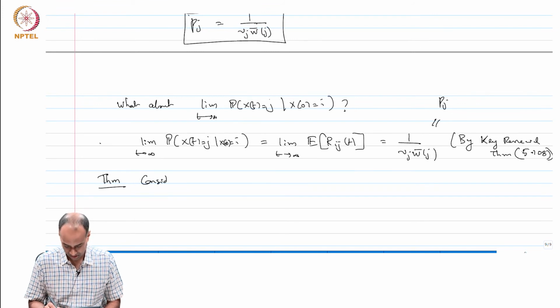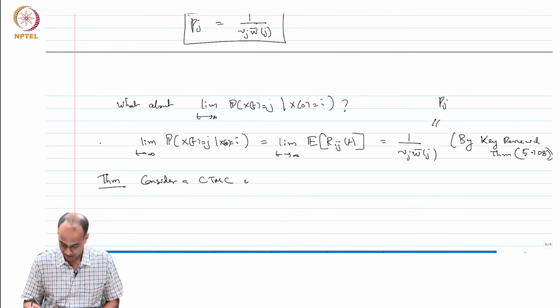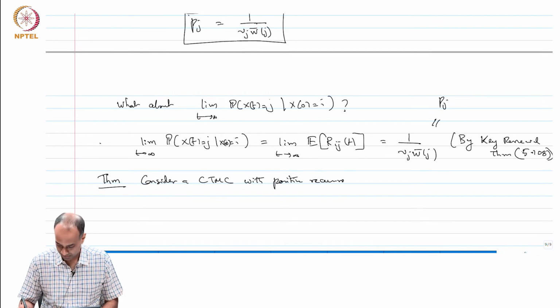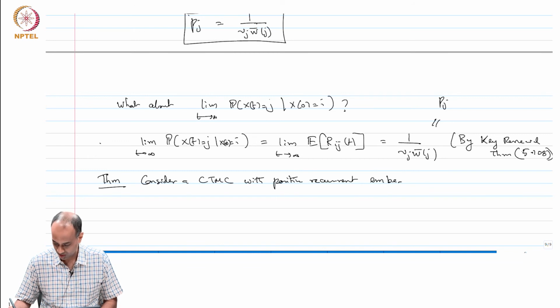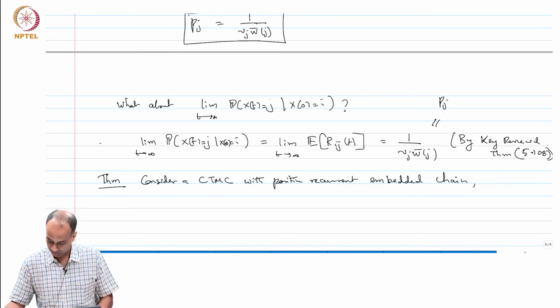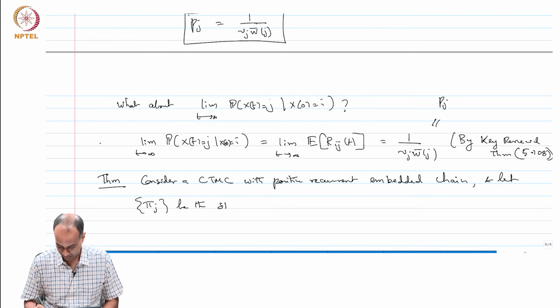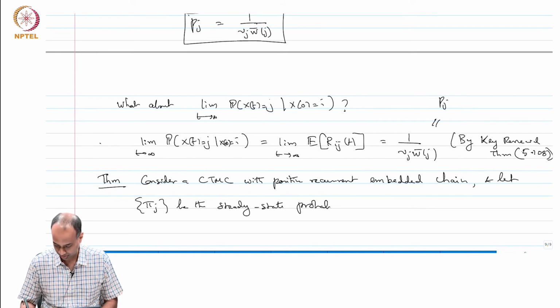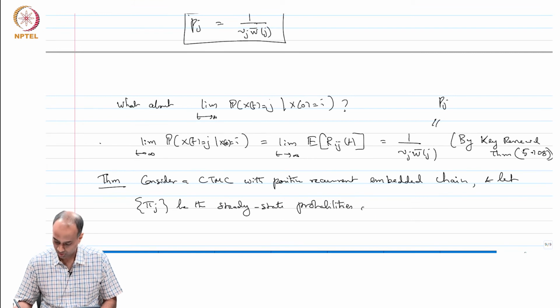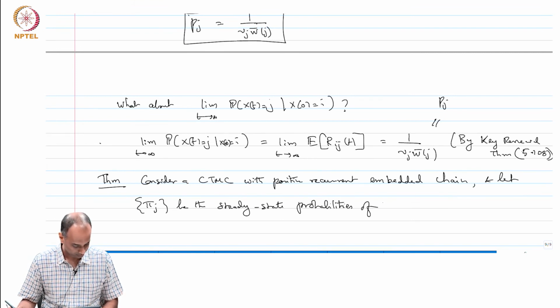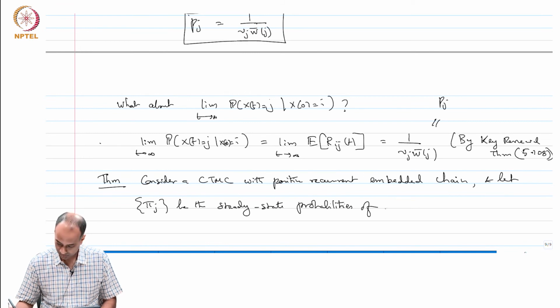Consider a CTMC with positive recurrent embedded chain, and let pi j be the steady state probabilities of the embedded Markov chain.